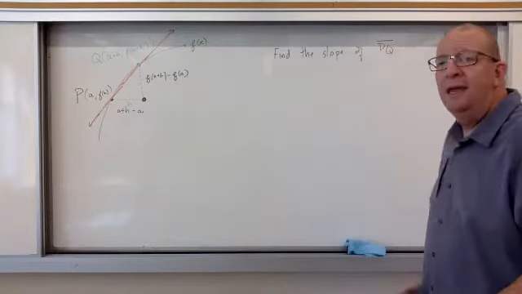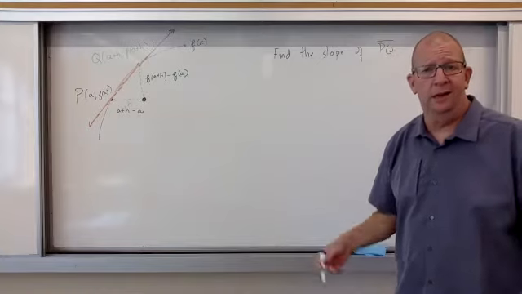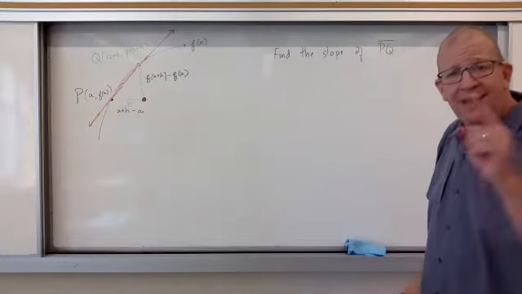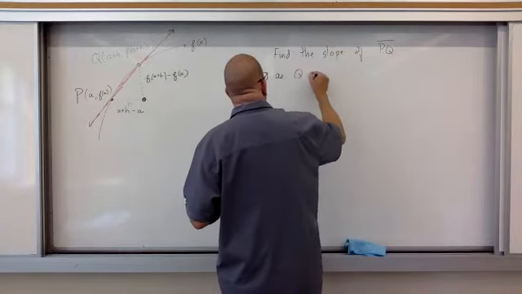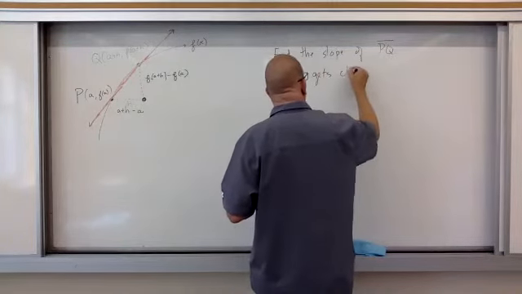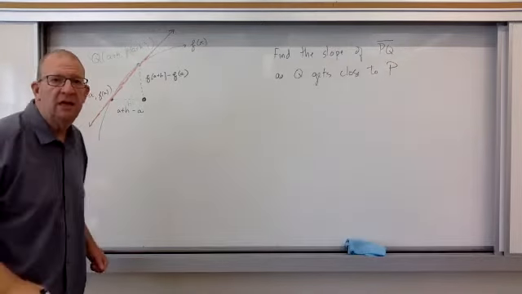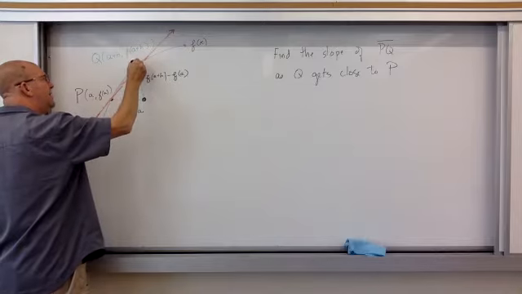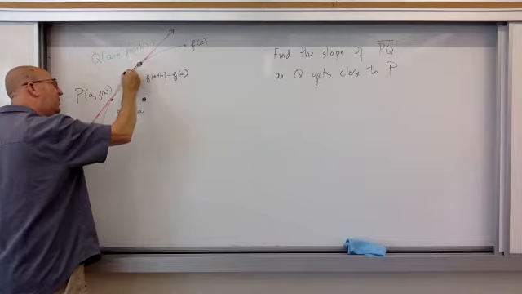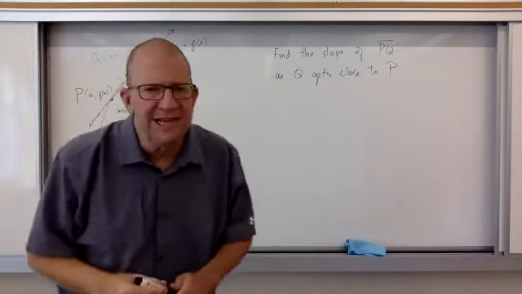Now, you might know what you're thinking. You're thinking, well, I could just do that in middle school, right? But here's the thing. As Q gets close to P, wait a minute. So what you're going to do is take Q, this point here, and move it on the curve closer to P. Well, what does that sound like to you?